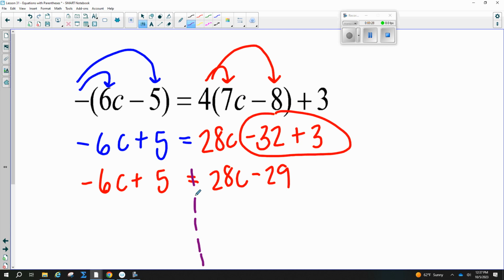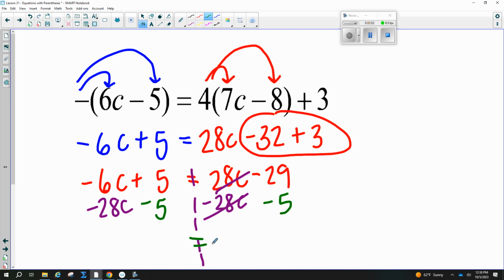meaning I'm going to cancel the ones that are on the right. So Nolan, how do I get rid of this 28c? Yes. I'm going to subtract 28c, and I'm going to line it up with my c's, so these cancel. All right, and then Aubrey H., how do I get rid of this +5 right here? Yep, so I also want to subtract 5, so all my constants are on the right.